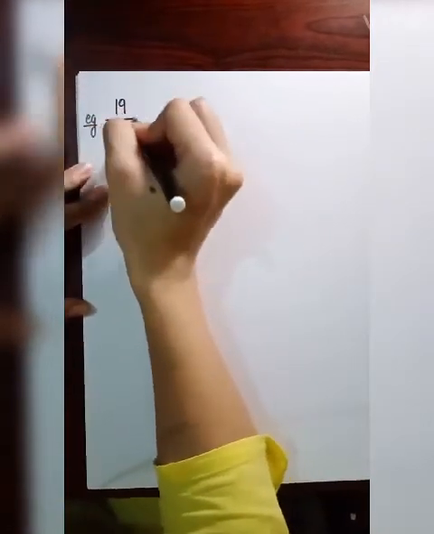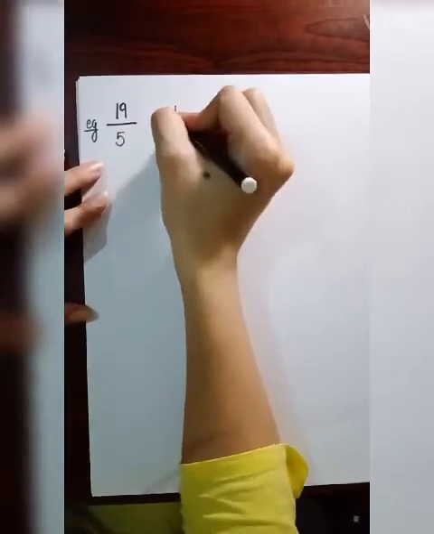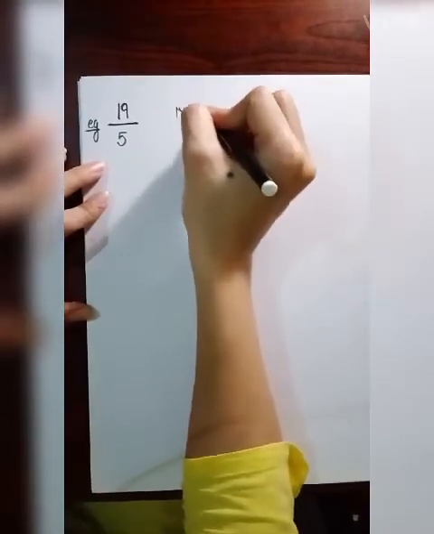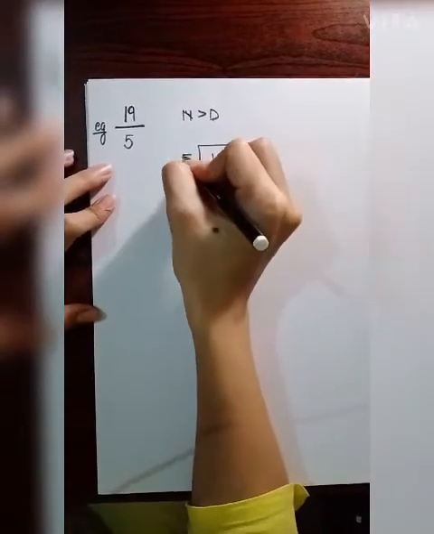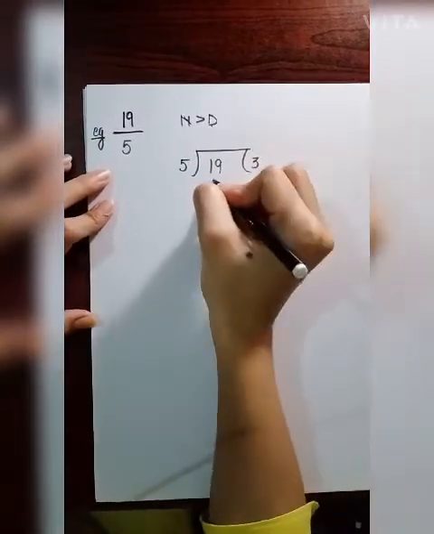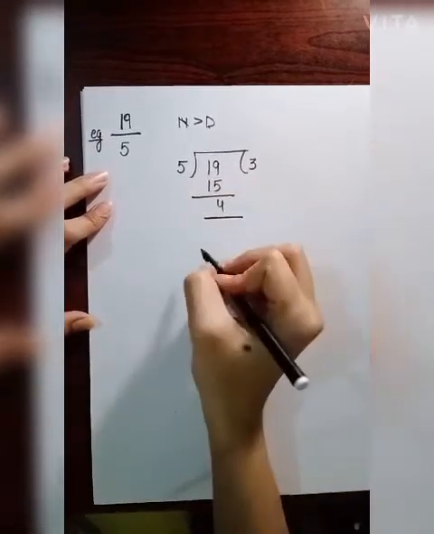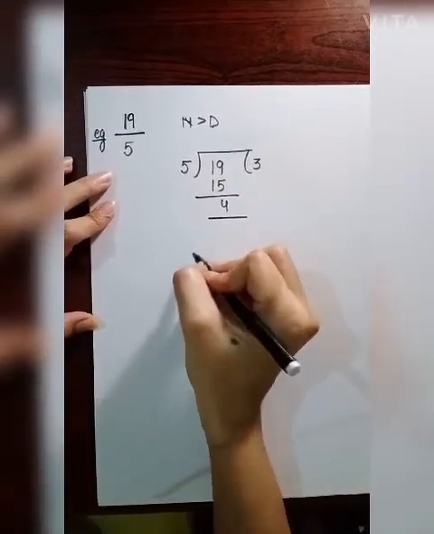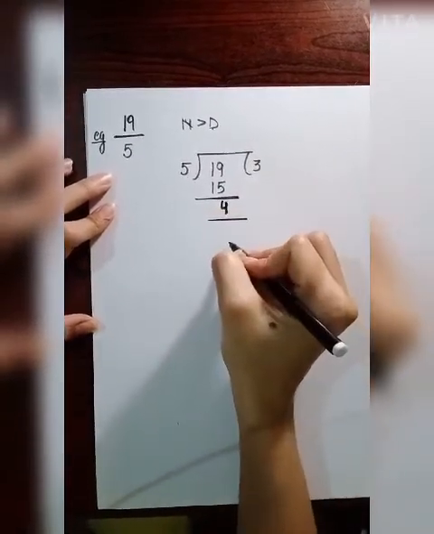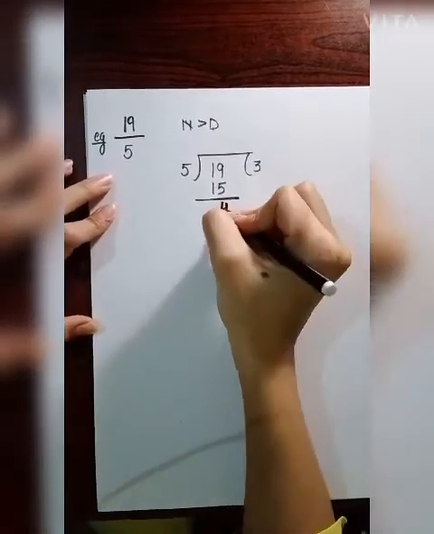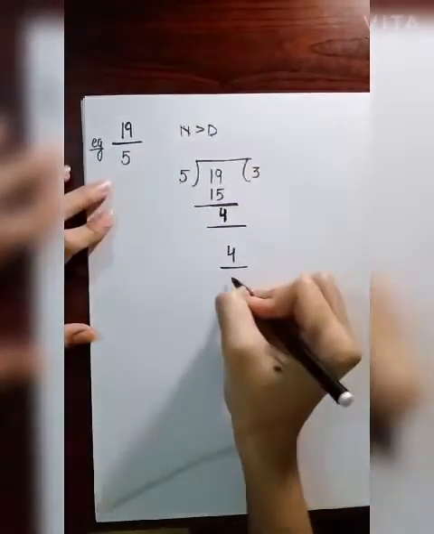19 upon 5. This is our improper fraction because numerator is greater than denominator. First divide 19 by 5. 5 3s are 15 and 4 will be our remainder. So what we are going to do? The remainder will become our numerator and the denominator will be the same, 5.